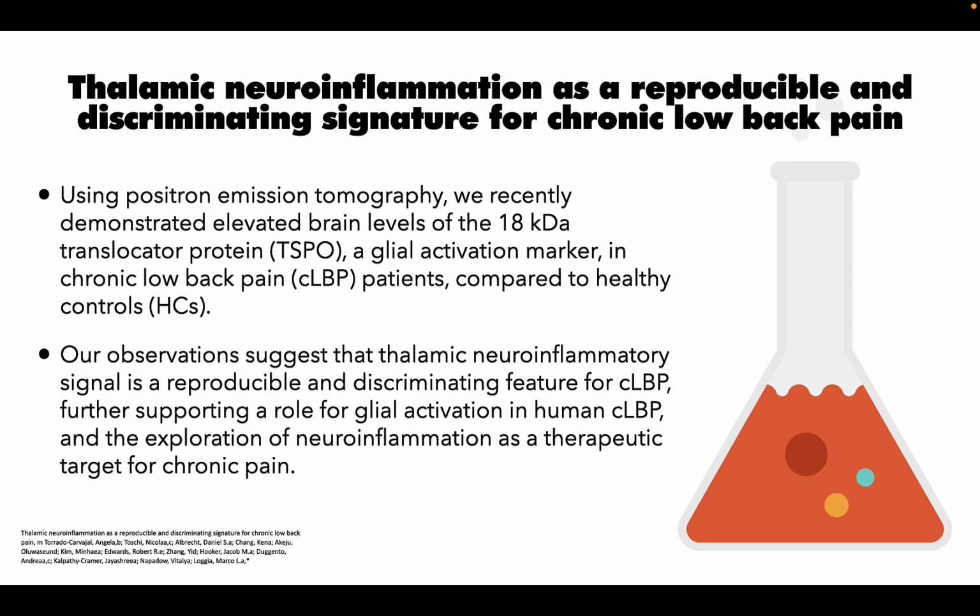Their observations suggest that thalamic neuroinflammatory signal is a reproducible and discriminating feature for chronic low back pain, further supporting a role for glial activation in human chronic low back pain and the exploration of neuroinflammation as a therapeutic target for chronic pain, meaning that it is ongoing neuroinflammation, here measured in the supraspinal regions in the brain, showing ongoing neuroinflammation as a distinguishing feature for chronic low back pain.